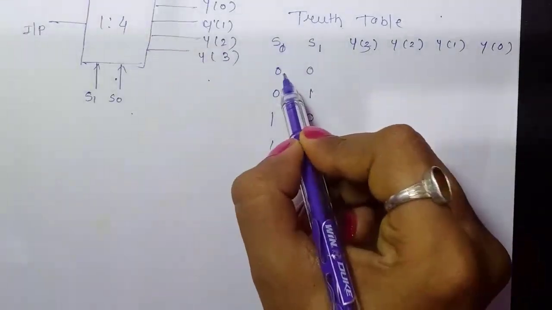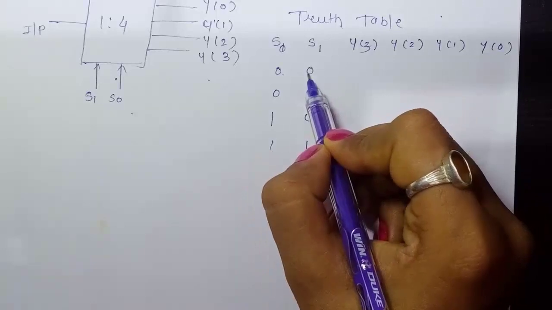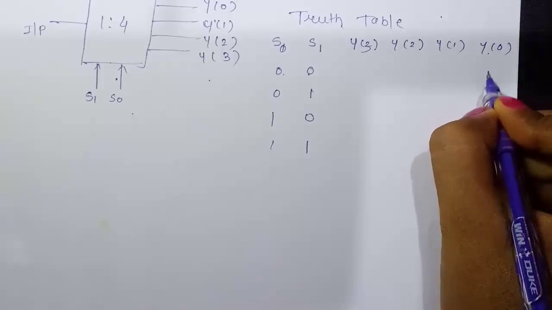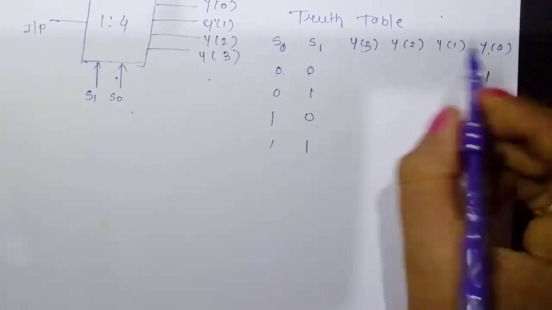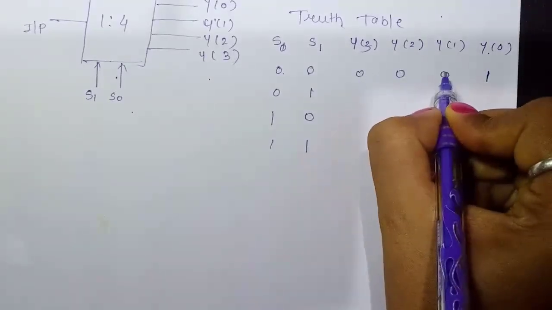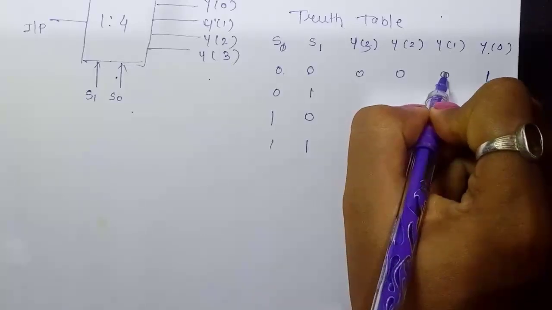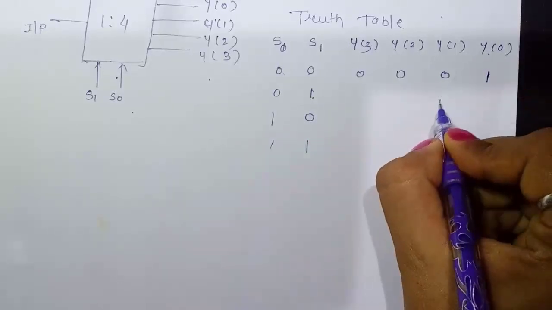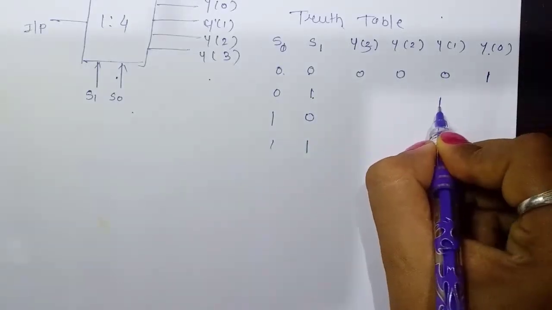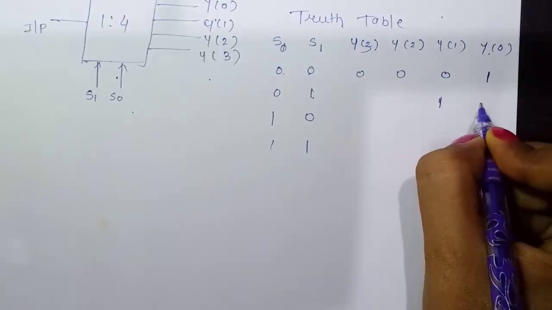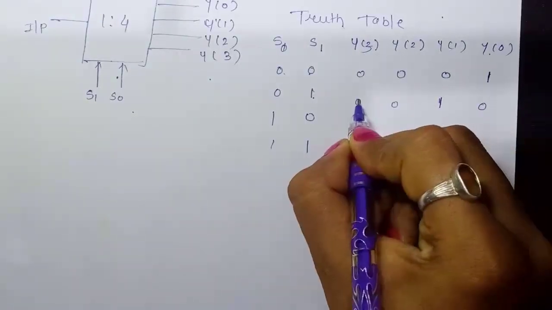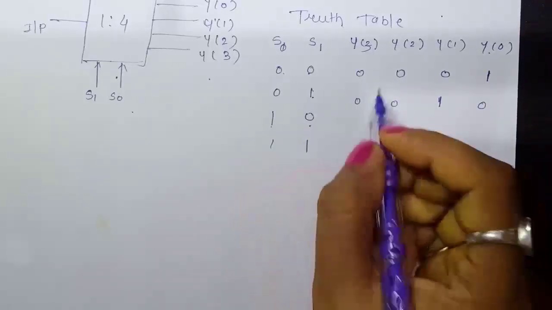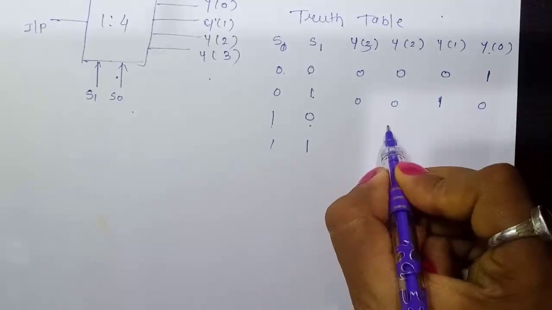If the selection line is 0 0, then which output line will be activated? Y0. So output Y0 will be 1 and the others will be 0. Likewise if the selection line is 0 1, then output line Y1 will be activated. That means Y1 will be high, that means 1, and all other output lines are low, that means 0. If the selection line is 1 0, then again which output line will be activated? Y2.